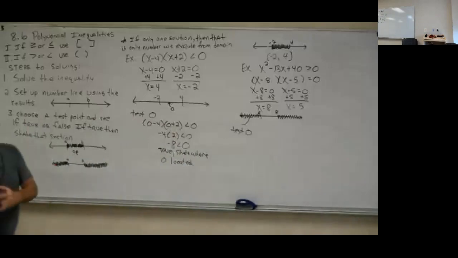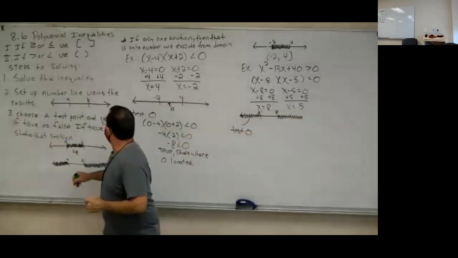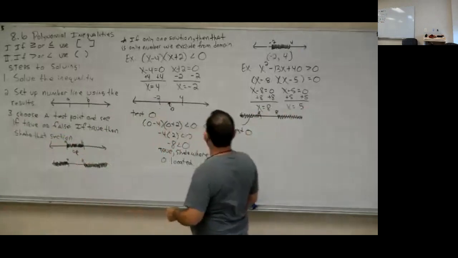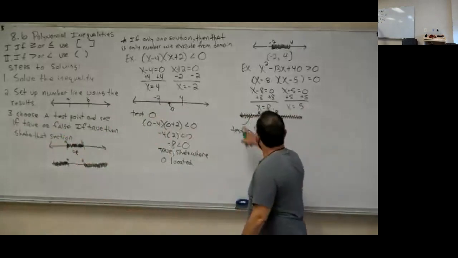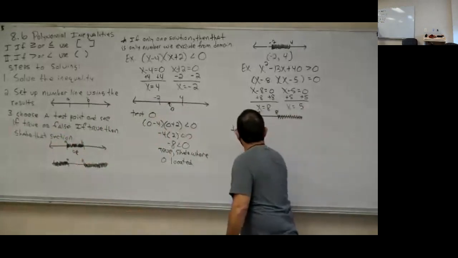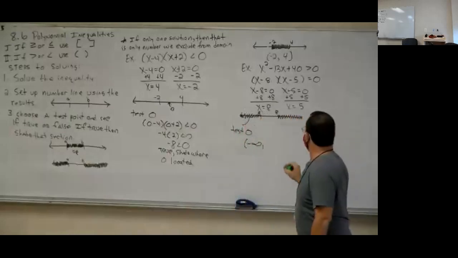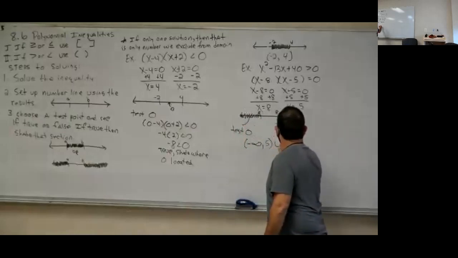So let me write this in interval notation. Now, since the ends are shaded, it's going to be the infinities on this one. So interval notation would start at negative infinity until we get to positive 5, parentheses, and then union.